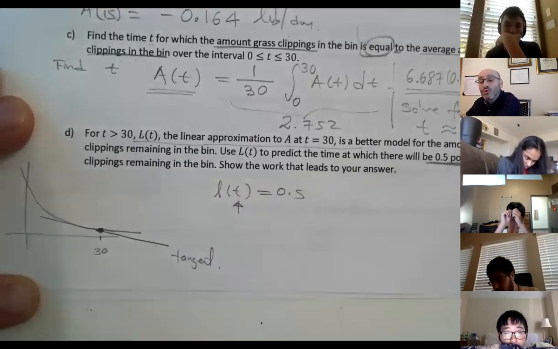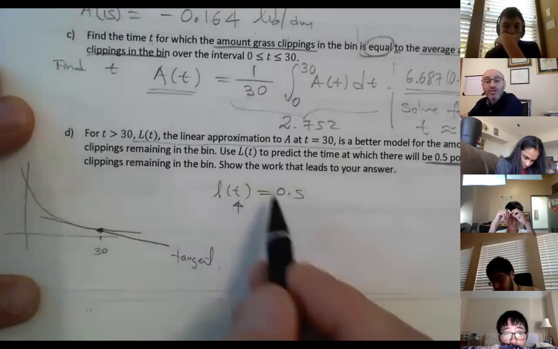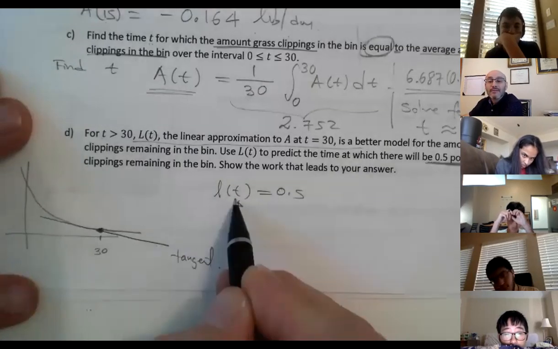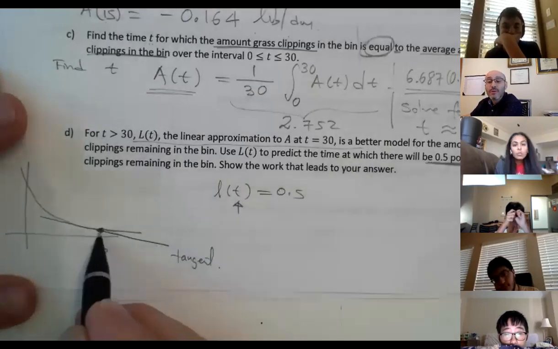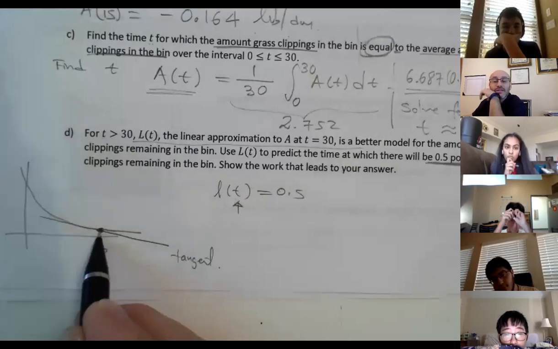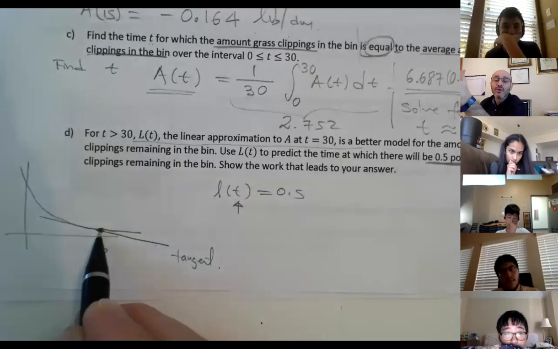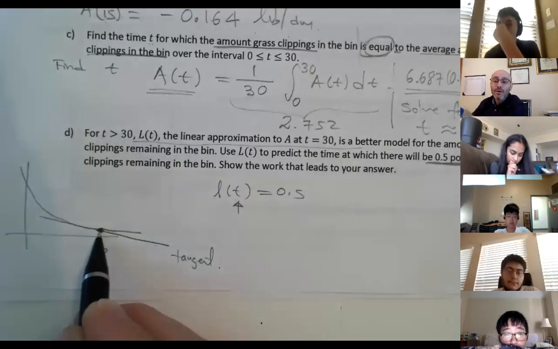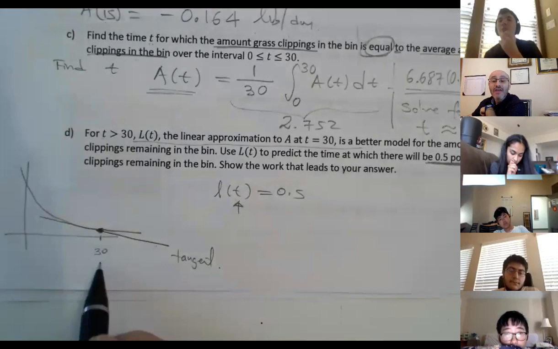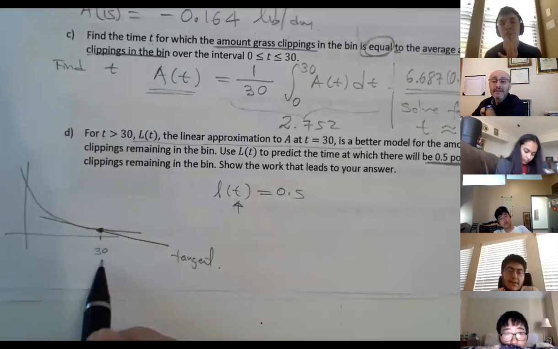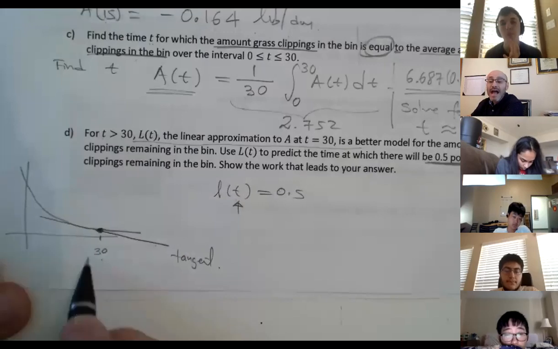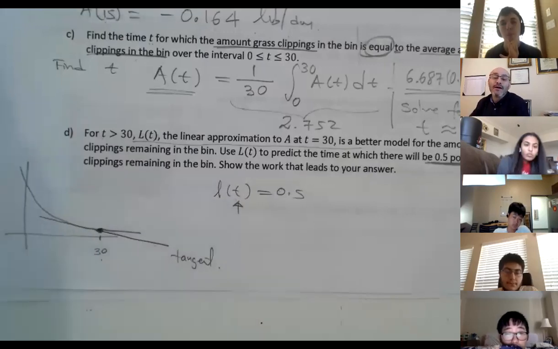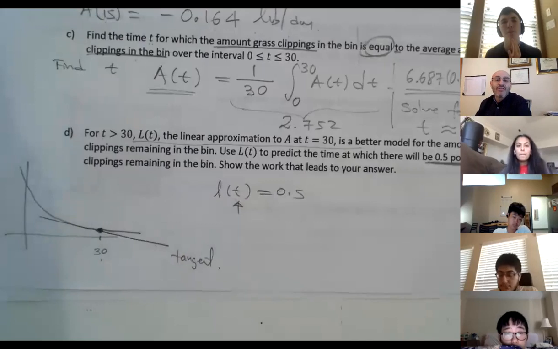So how do I do that? I need the equation of that line. But that line is tangent to this point. So what are you going to need? The derivative, to get the slope at t equals 30. And you need the point 30 comma whatever the function is at 30.